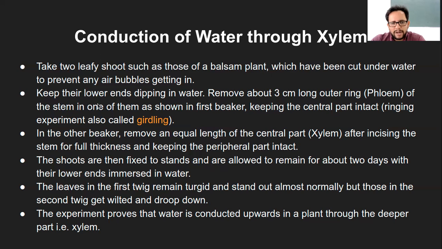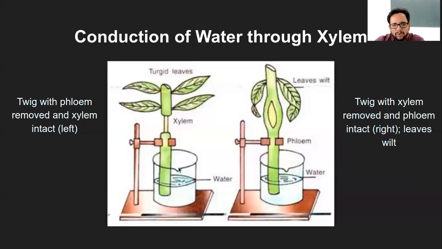Then the lower ends of these twigs or the shoot, they are kept dipped in water. Remove the 3 centimeter long outer ring. Now 3 centimeter is kept in the mind that usually if the diameter is, let's say, 4 to 5 centimeter of the twig, in that case 3 centimeter of the cut is given. How that is done is shown in this diagram.